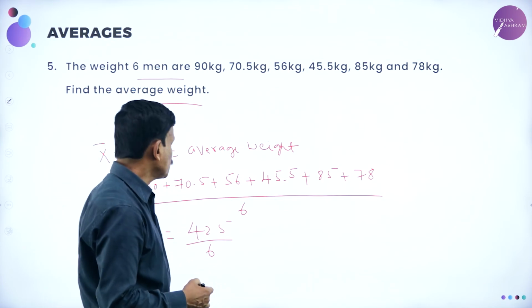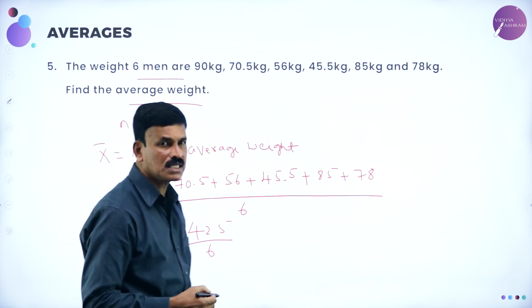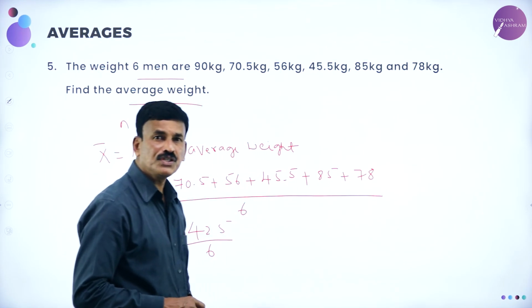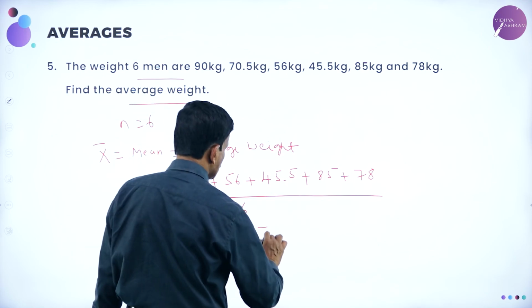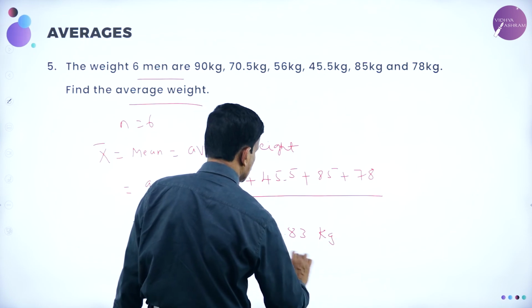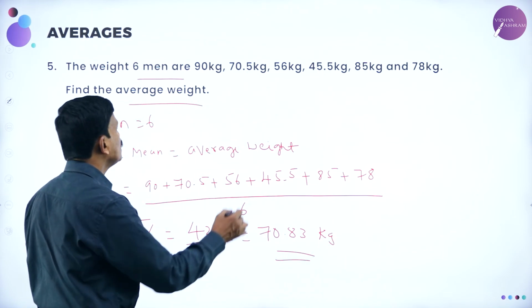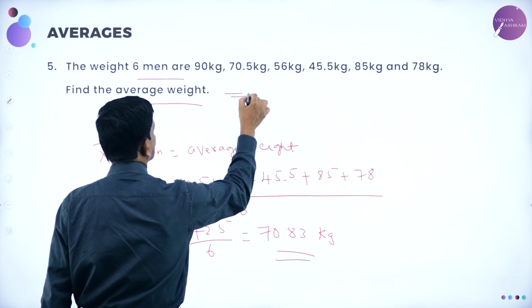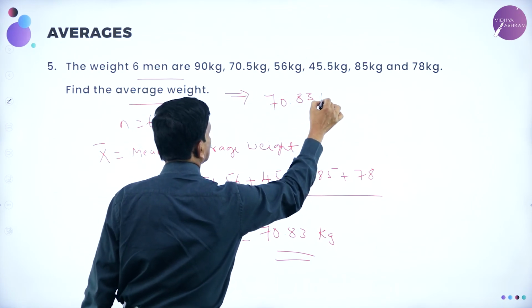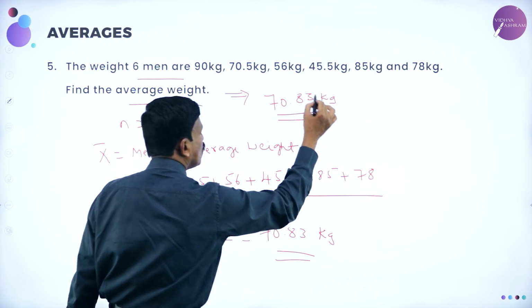Now, divide it: 425 by 6 is 70.83 kg. So, the average weight is 70.83 kg.